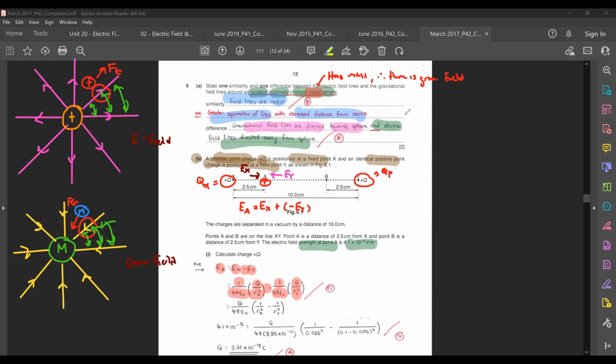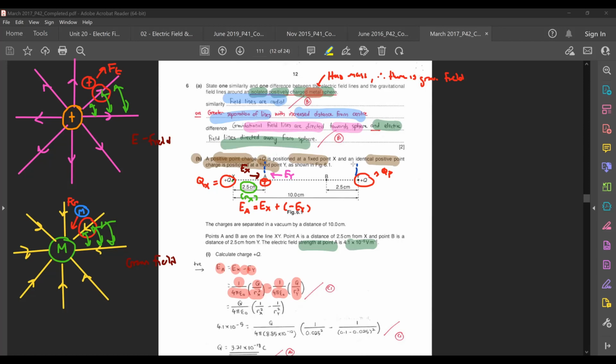Okay, now when it comes to your Rx and Ry, this 2.5 centimeter is your Rx, the distance between the main charge and your test charge. But when it comes to your Ry, I draw at the top so that it's easier to see.